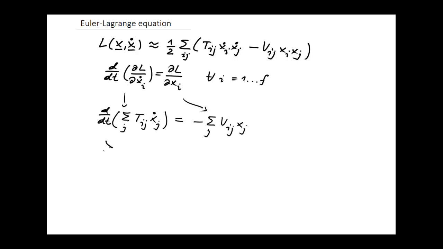On the left-hand side, the coefficient matrix Tij is constant. It doesn't depend on time. You can take it in front of the time derivative. And then what remains in matrix notation is matrix T applied to the acceleration vector x double dot equals, on the right-hand side, minus matrix V acting on the vector x, the vector of deviations from equilibrium.